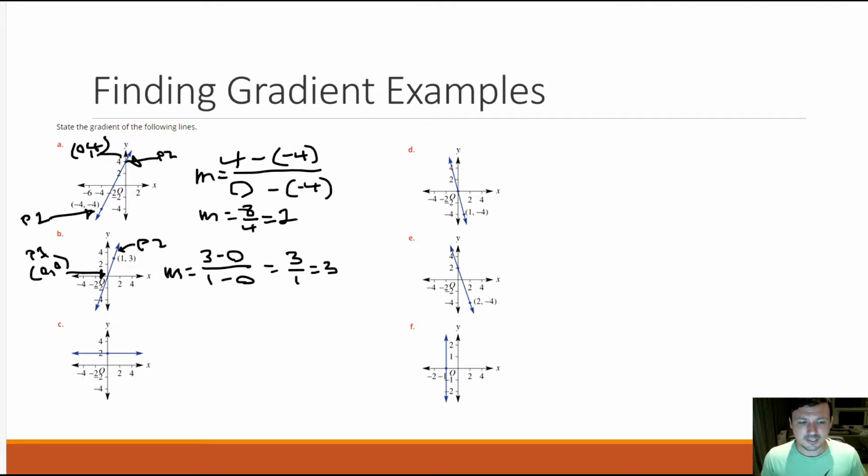Now, this one's a special one because it is a horizontal line, not a diagonal. We don't need to use y2 minus y1, but it still gives us the answer that we want. So I am going to pick just a point on the line. Let's pick this one. We'll call it 2, 2. We'll call this point 2, and we'll call the y-intercept point 1.